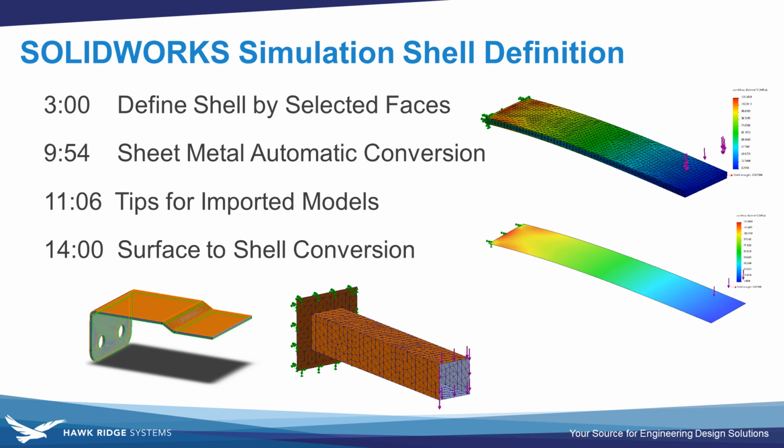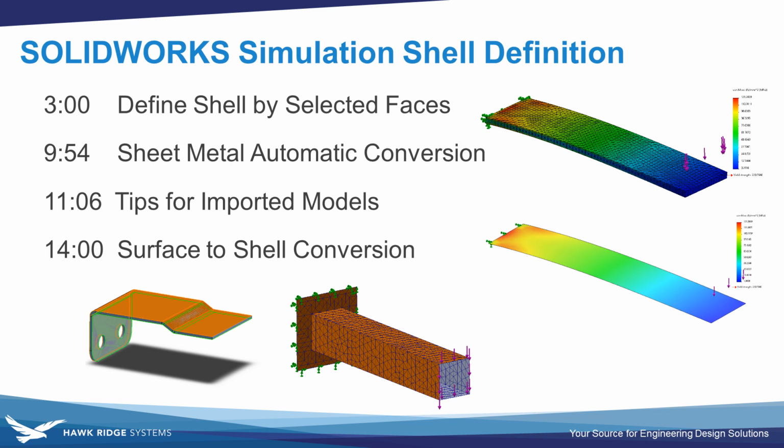We looked at how sheet metal parts automatically convert into shells in simulation. They don't really require any extra input. Then we looked at how surface bodies can also be used to create kind of a purpose-built model for a shell mesh simulation.